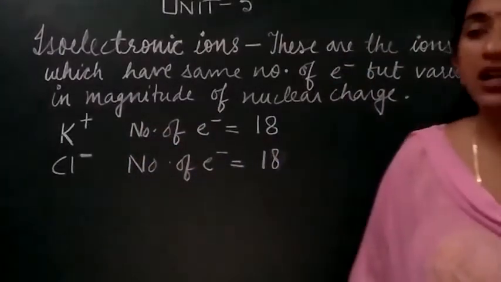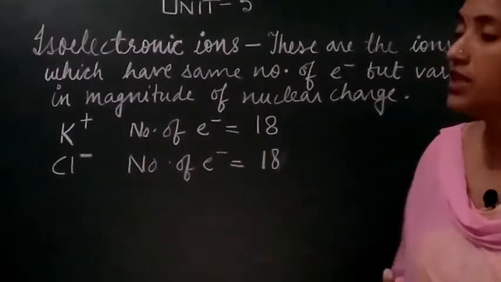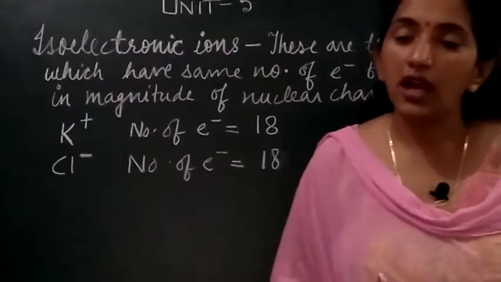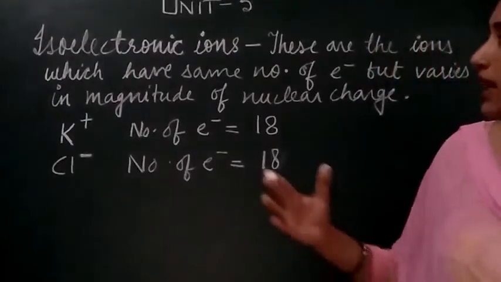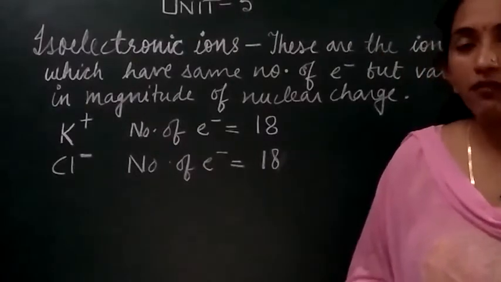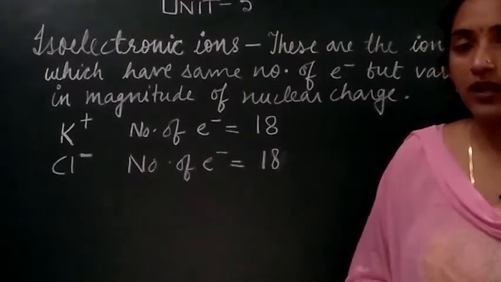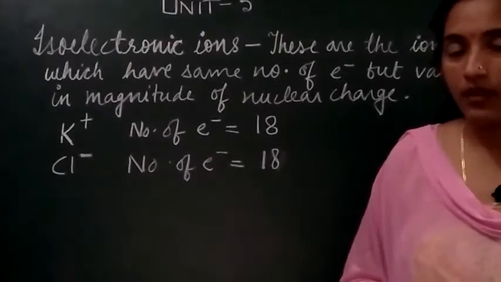Now, when we are observing the variation of the size of the isoelectronic ions across the period and down the group, we will find that when we move across the period from group 1 to group 17, right?